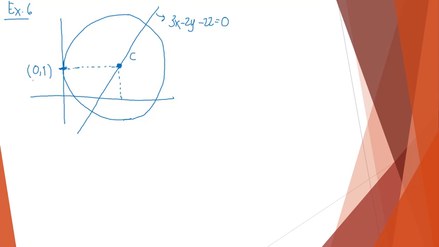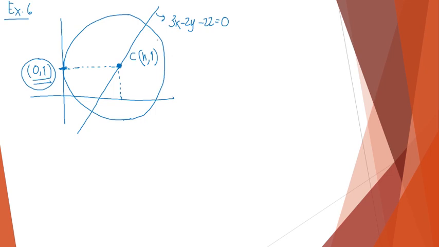Since we have this point already, our center here is (h, 1). We're sure about this because of this point of tangency. So the y coordinate is really 1, and the x coordinate h is tentative for now.